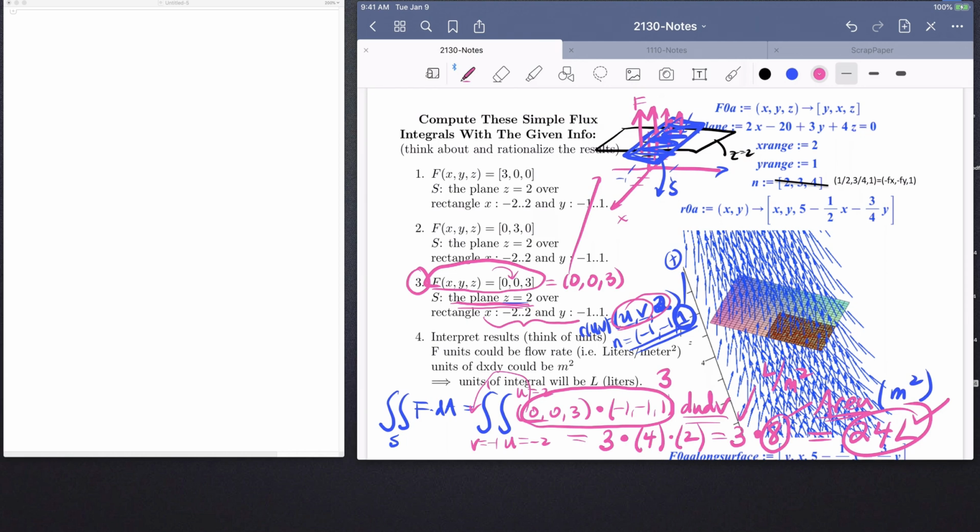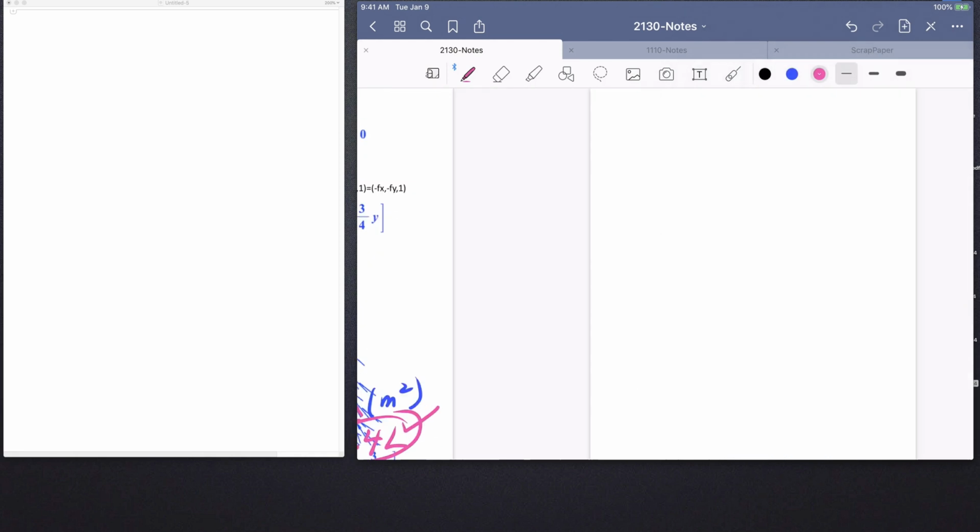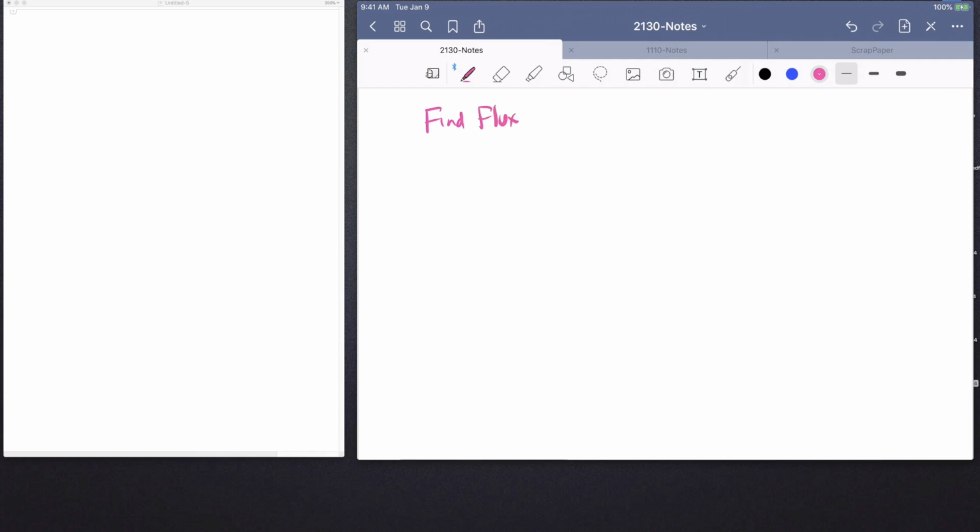So let's add a page below, and let's try to do this problem now. The question is essentially to find the flux of a given vector field, and let's say that vector field is equal to yxz.